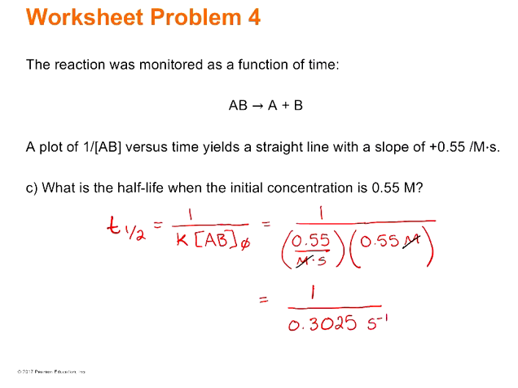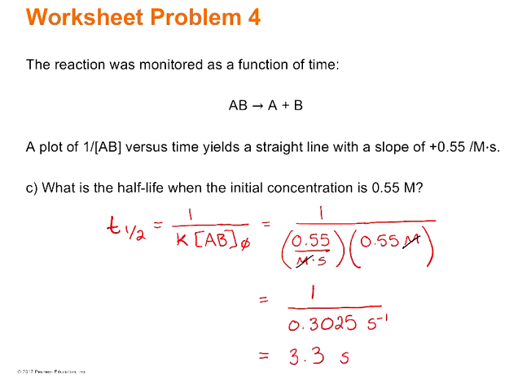So I'll just write seconds to the -1 in the denominator. And then that should give us 3.3 seconds. All right, so the half-life for this reaction is 3.3 seconds.